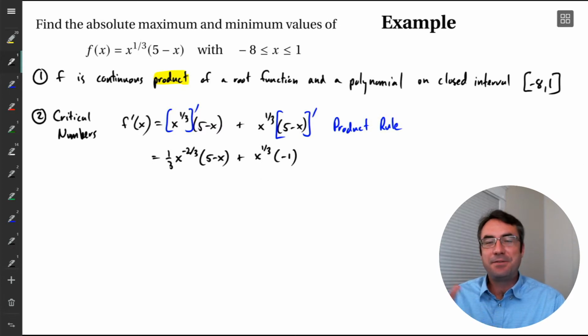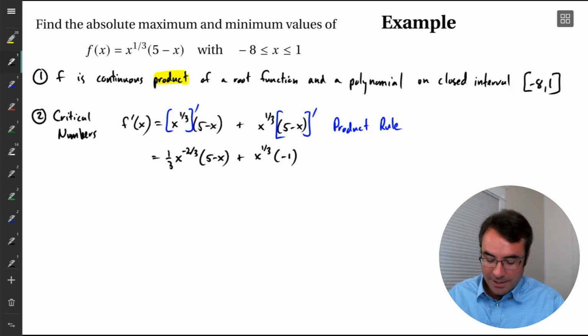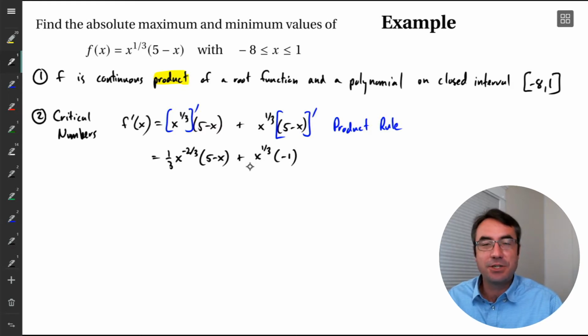So if this was just a problem for finding the derivative, that would be fine. But now we actually have to do something with the derivative. We have to figure out where it's 0. We have to figure out where it's undefined. That takes a bit of work. So we want to try to simplify this down as much as possible to kind of help us figure out where the derivative is 0 and where it's undefined.